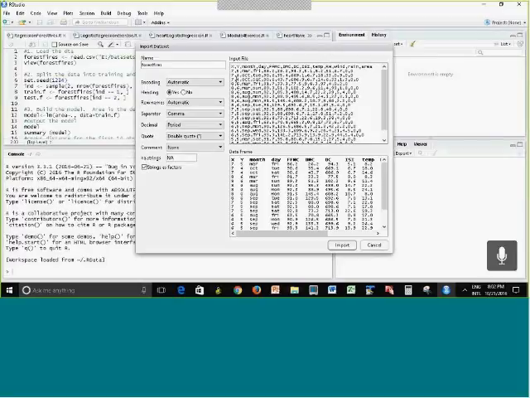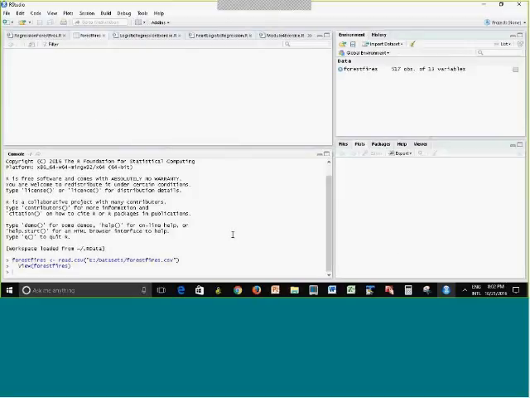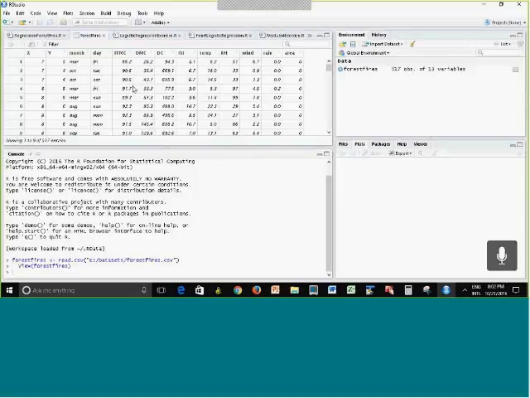This looks correct, this is what I want. I want the first row to be variable names, and I'm going to go ahead and hit import. There we go. So that's how my data looks. And this data set doesn't have any missing values, so we don't need to worry about that part.